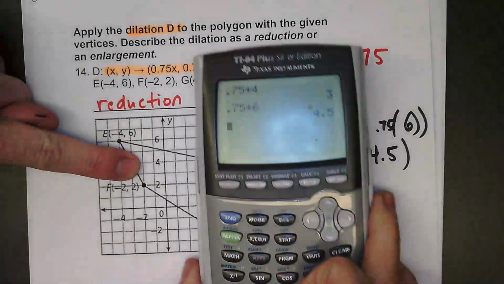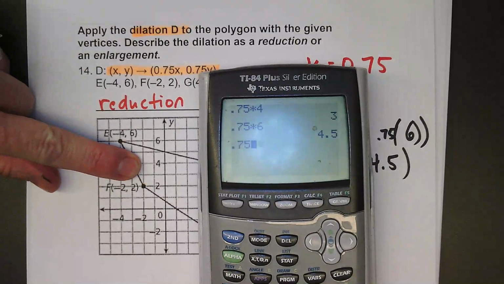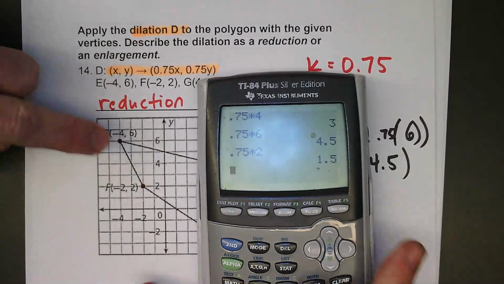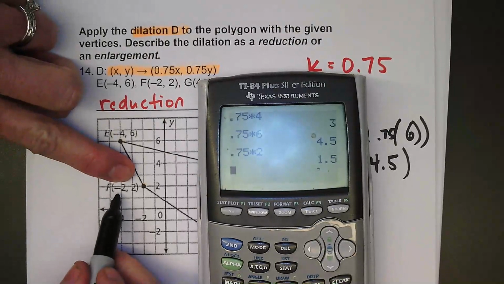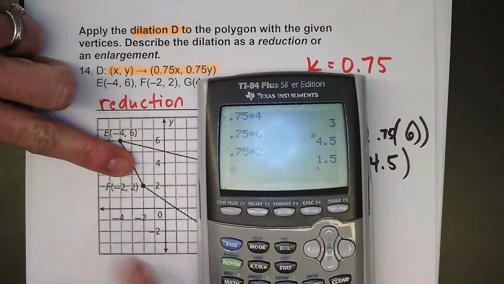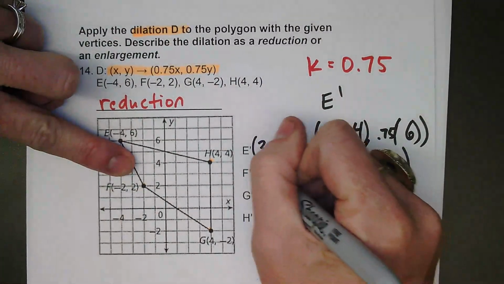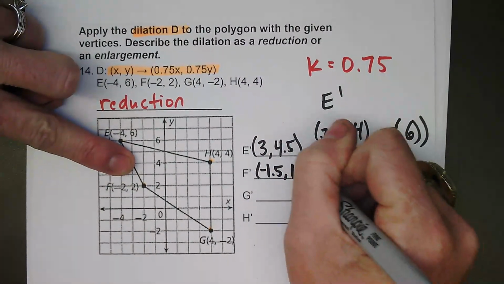So with F, we're at -2, 2. So we'll do 0.75 times 2. That's going to give me 1.5. Actually, it's going to be -1.5 because it's a negative value. That one's a positive value. I don't really need to do that multiplication twice because it's both times 2. So -1.5, 1.5.